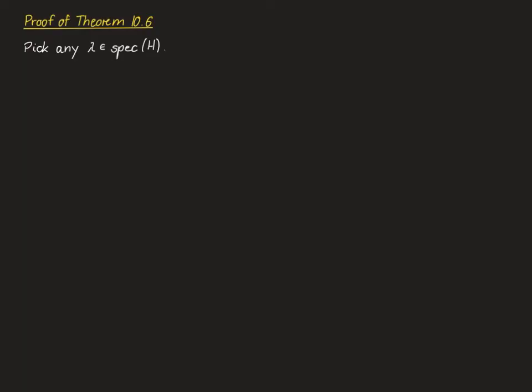For the proof of Theorem 10.6, we pick any eigenvalue lambda in the spectrum of H, which means that there must exist a non-zero eigenvector x such that H times x is equal to lambda times x. Now we modify this equation in two different ways.